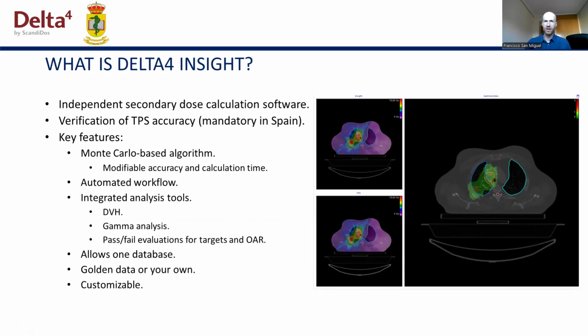It also includes dose volume histogram comparison, gamma analysis, and pass-fail evaluation for targets and organs at risk based on clinical objectives and protocols. Additionally, it is integrated with the Delta4 software platform, so it is possible to manage secondary checks alongside other Delta4 quality assurance data in a unified interface. It has a flexible commissioning, since you can use golden data or your own, and generally speaking, the system is quite customizable.